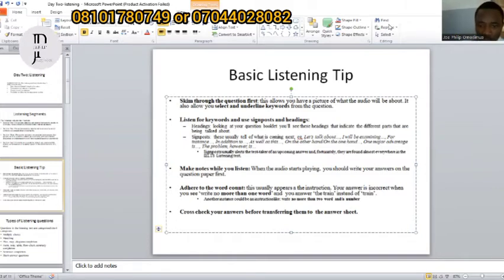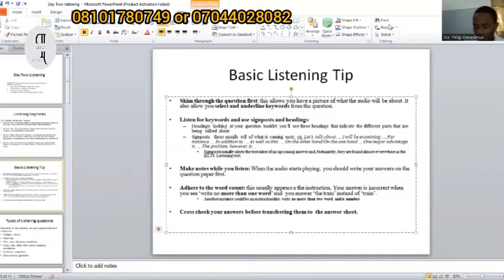Now, from what is written here, you can see it on your screen. It says, look at your question booklet. You see these headings that indicate the different parts that are being talked about. Now, at every point in your listening test, there are always headings that indicate the different parts.